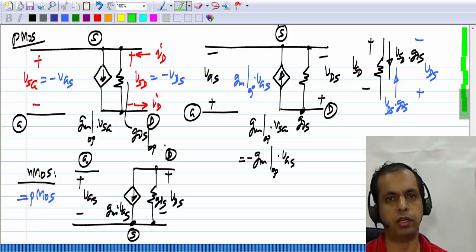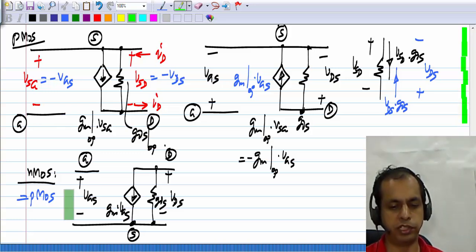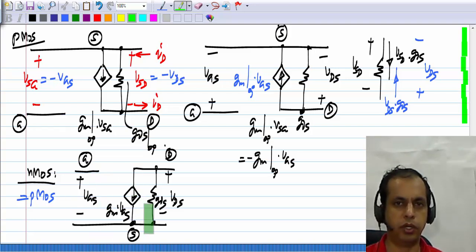That may be based on some other criterion, some measure of convenience or performance. So all the synthesis of functionality is done in the incremental domain with a model of the MOS transistor which uses VGS and VDS. This is so that you can later decide whether to use NMOS or PMOS, and this model is equally applicable to both.